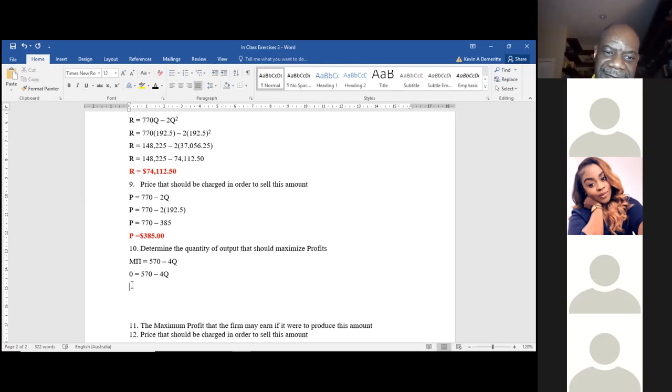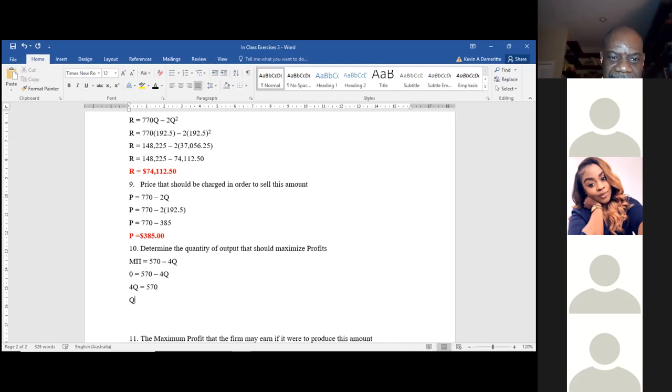So that would be 4Q. All right. So I move my 4Q over, is equal to 570 minus 0. Okay. So if you don't mind, I'll just ignore the minus 0. So wouldn't Q then be equal to 570 divided by 4.